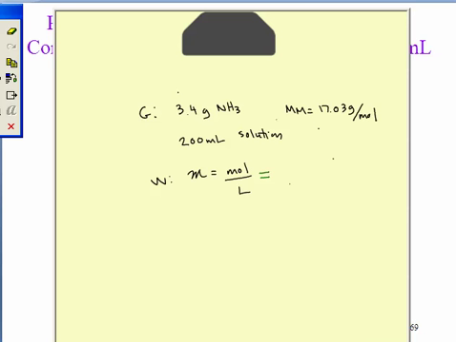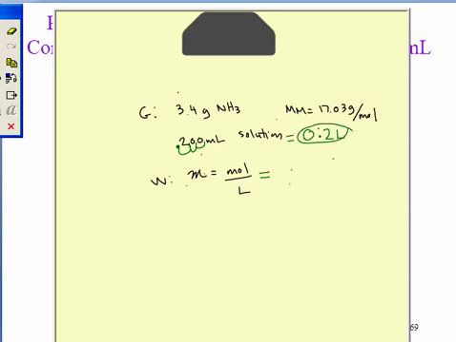Our 200 mils of solution we can change into liters using our railroad math, but an easy thing to remember is to get from milliliters to liters, all we have to move is our decimal 3 places to our left. So 200 milliliters is equal to 0.2 liters.